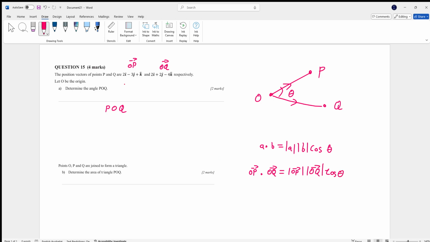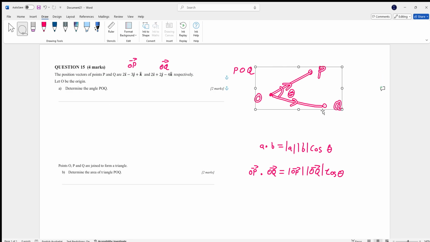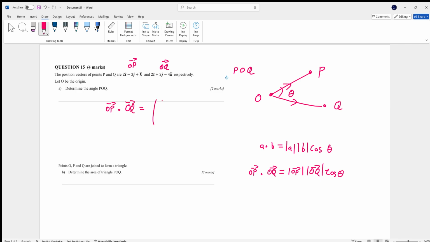So here we should probably work out what the dot product is first. The reason I can just draw it like this is because it's a 3D system, so you can always rotate your point of view. So this is still valid. O to P dotted with O to Q is 2, -3, 1 dotted with 2, 2, -4.